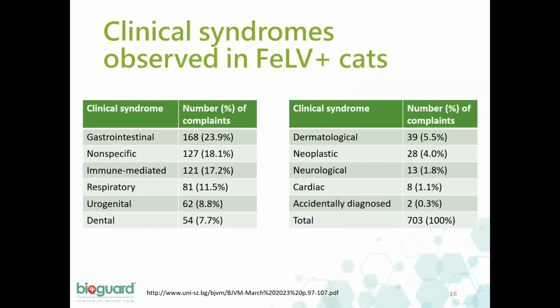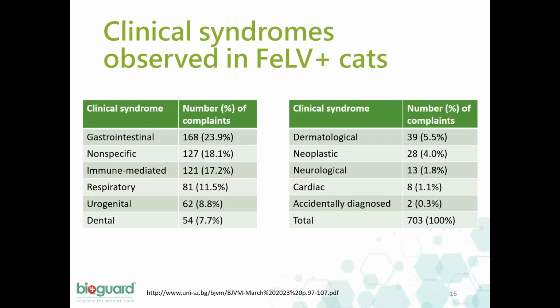So clinical syndromes observed in FeLV positive cats are gastrointestinal, non-specific, immune-mediated, respiratory, urogenital, dental, and others. So for the gastrointestinal, during this study, they observed that the cats are vomiting, they have diarrhea, and when using an ultrasound, it was observed that hepatitis, splenitis, cholecystitis, and pancreatitis are also present in FeLV positive cats.